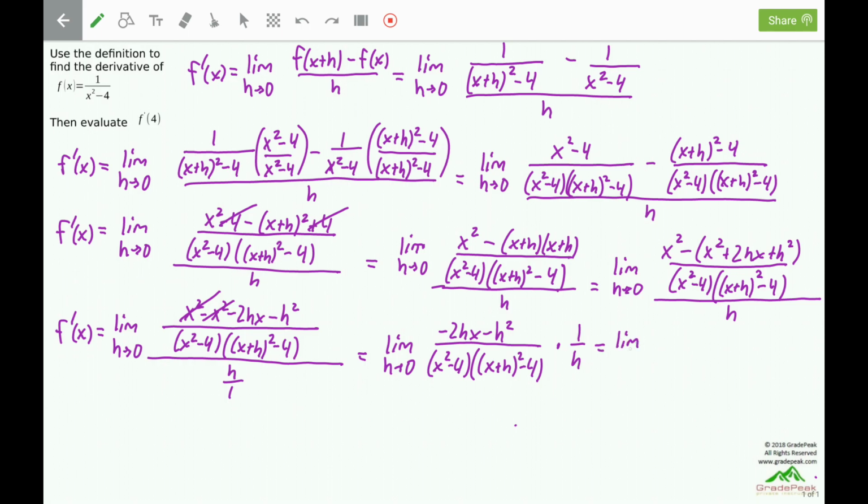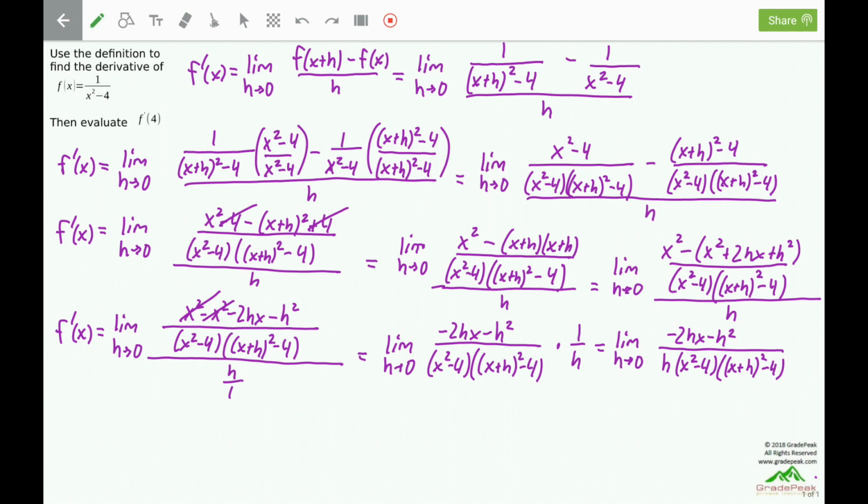In which case we can multiply the numerators, and that'll give us negative 2hx minus h squared, and we can multiply the denominators, and that will give us h times x squared minus 4 times x plus h squared minus 4.